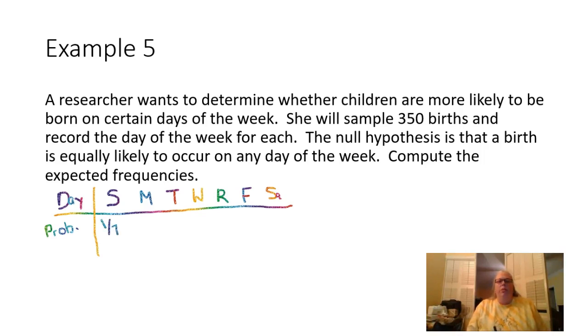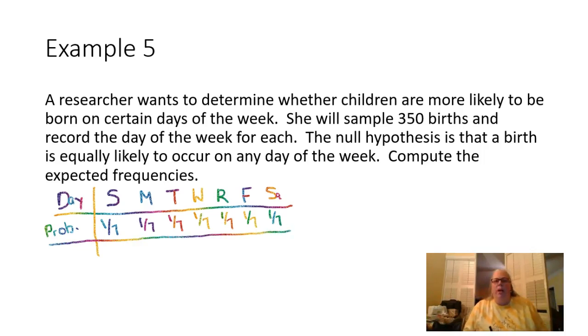But since it's equally likely on any day, that means that all of my probabilities are going to be 1 out of 7. Now this is convenient for organizing your data, but if your probabilities are all the same, it's not really necessary. This is actually better when you have different probabilities up here.